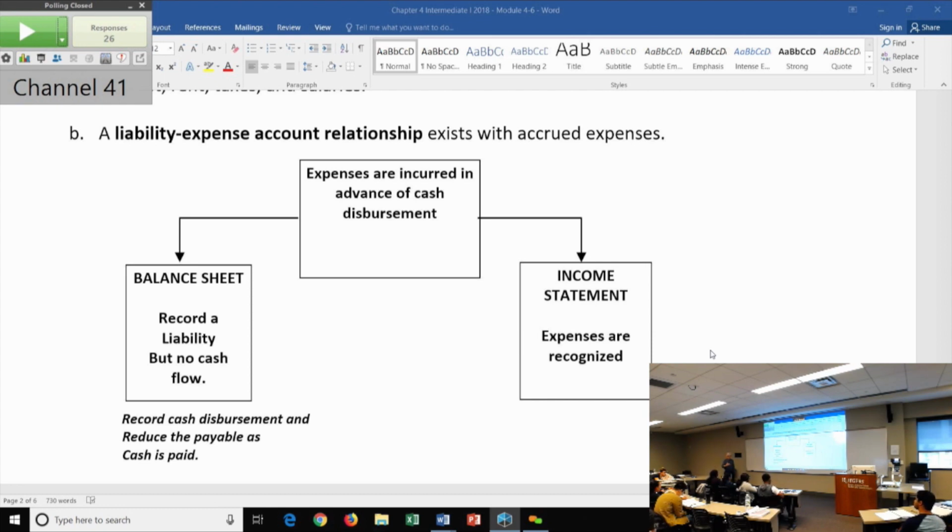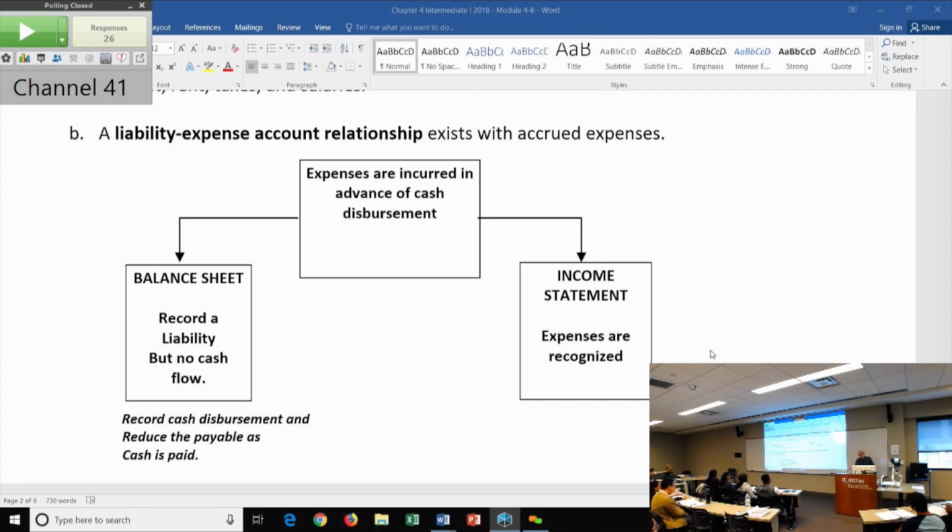The bill comes in and then you realize you got an expense that was not recorded before, so you have to debit an expense and you're going to credit a liability. There's no cash flow. Cash flow takes place later when you pay the liability. So you've got expense and a liability, and relatively simple compared to a deferral.